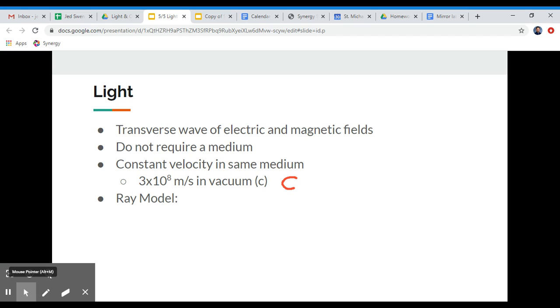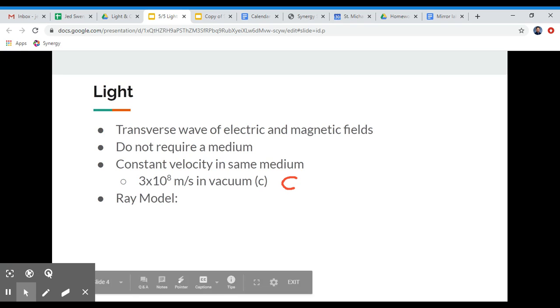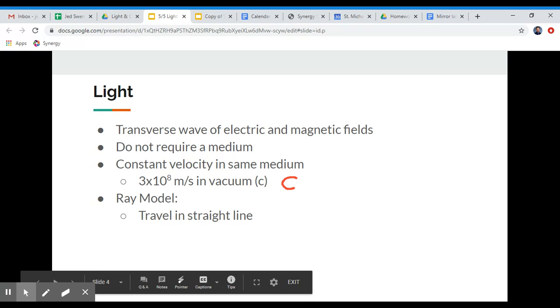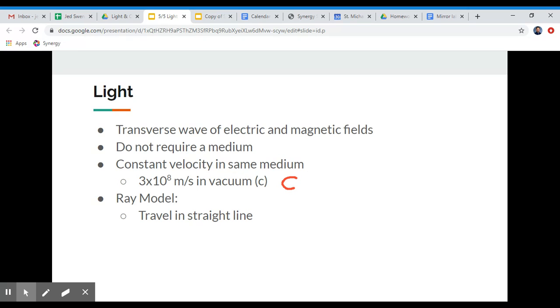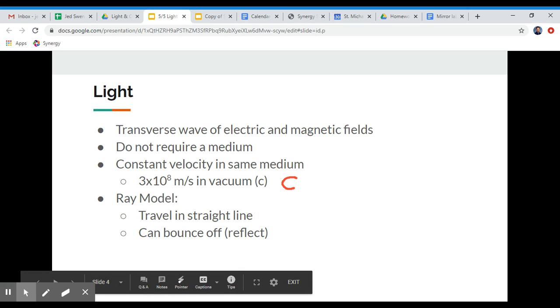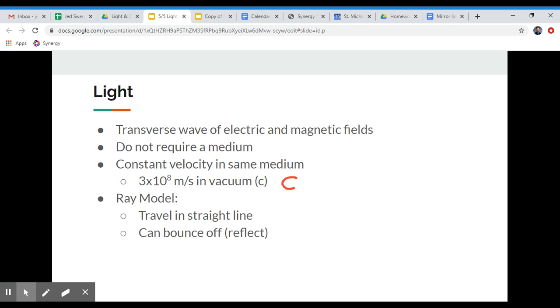A lot of times what we use to represent light in this specific unit is what's called the ray model. The ray model is simply using arrows or rays like you would in math class. In the ray model, we assume that light travels in a straight line. It can bounce off of a barrier, which we know as a reflection.